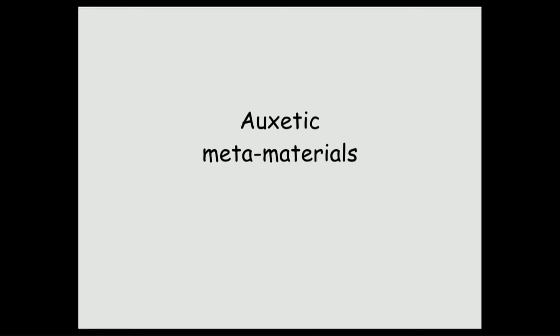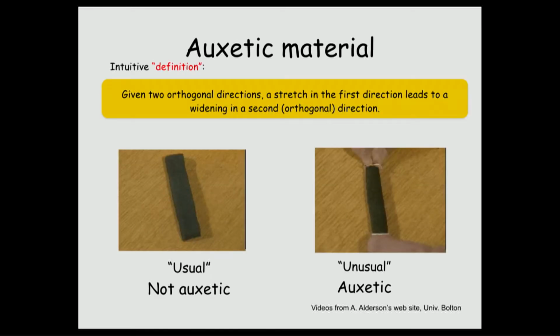So, finally, this leads us to the topic of auxetic metamaterials. Metamaterials are materials that may exist in nature, but very rarely, and are mostly engineered to have properties that are counterintuitive, properties that are not so frequent in nature. And this particular one is very weird.